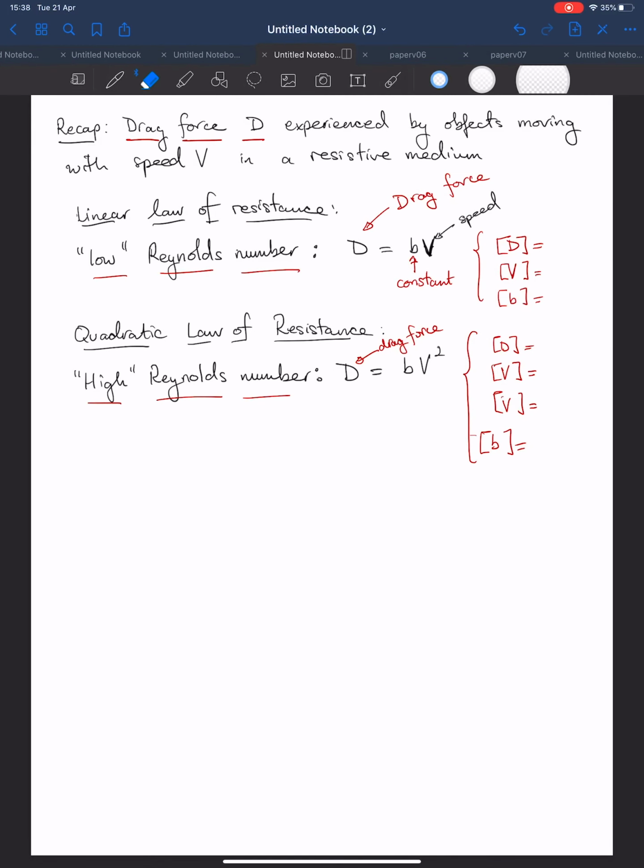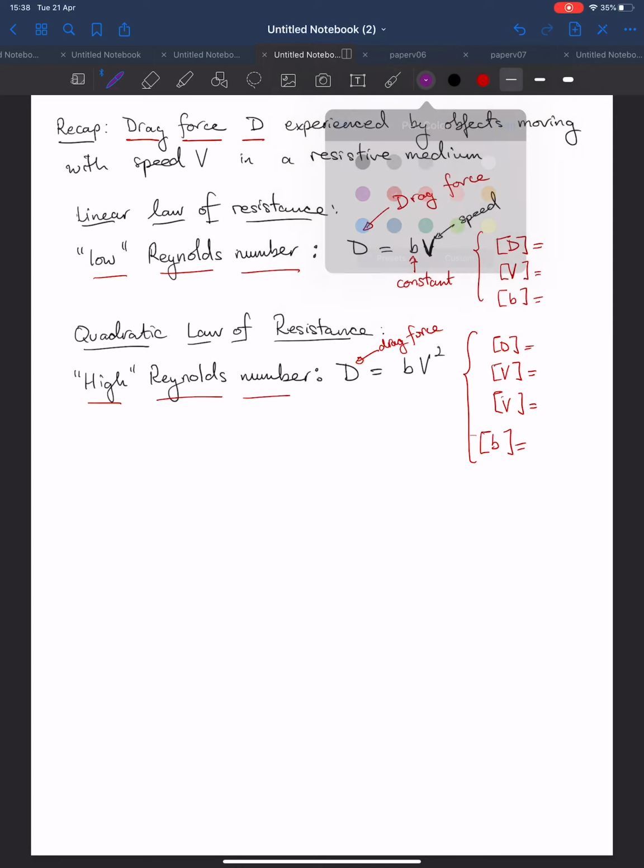So last time, what we did in the introductory lecture on objects that move through resistive media was to look at forces that affect the motion of such objects. And we encountered two forces, and these were drag force and lift force.